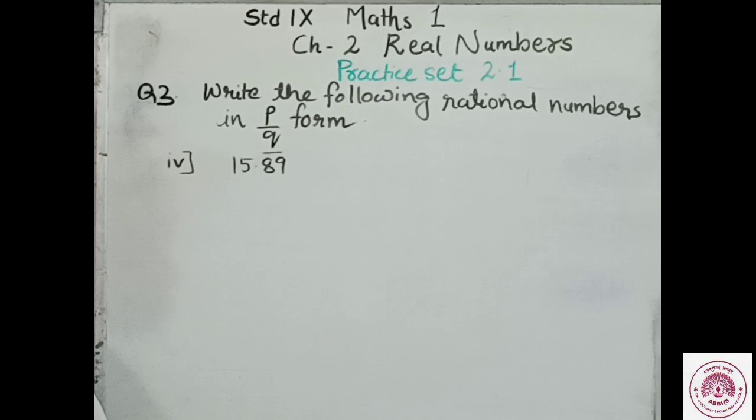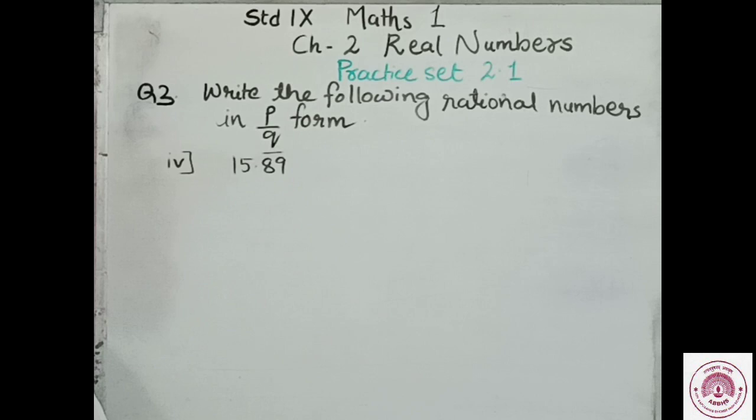Here we are multiplying it by 100, so this decimal point will shift towards the right by 2 places. So let's write it: 1589, the decimal point has shifted 2 places here, and then 0.89 bar. Okay. So after multiplying by 100, we get this. Let this be equation number 2.